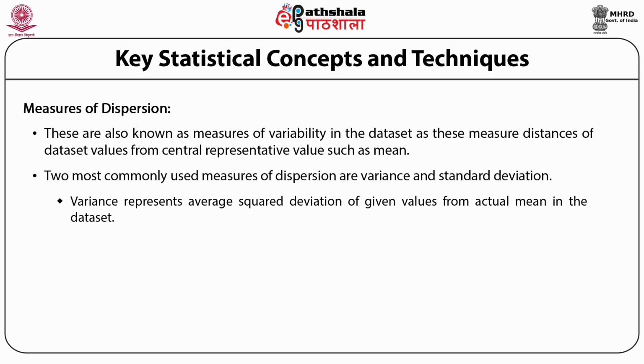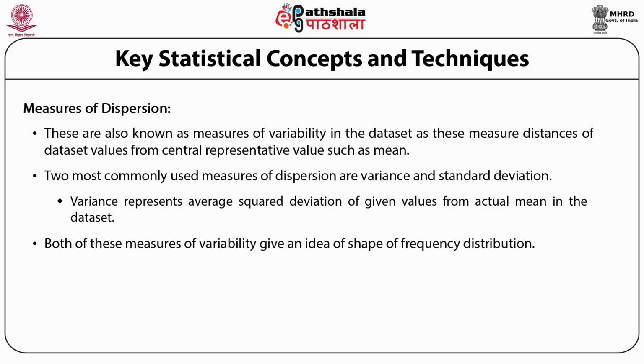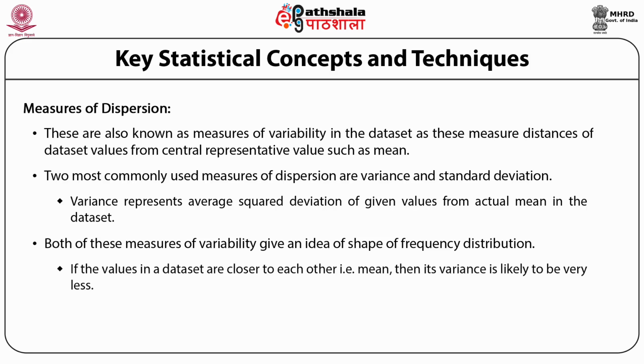Variance represents the average squared deviation of given values from the mean in the dataset, and standard deviation is calculated as the square root of this variance. Both of these measures of variability give an idea of the shape of the frequency distribution. That is, if the values in the dataset are closer to the mean, then the variance is likely to be very low.